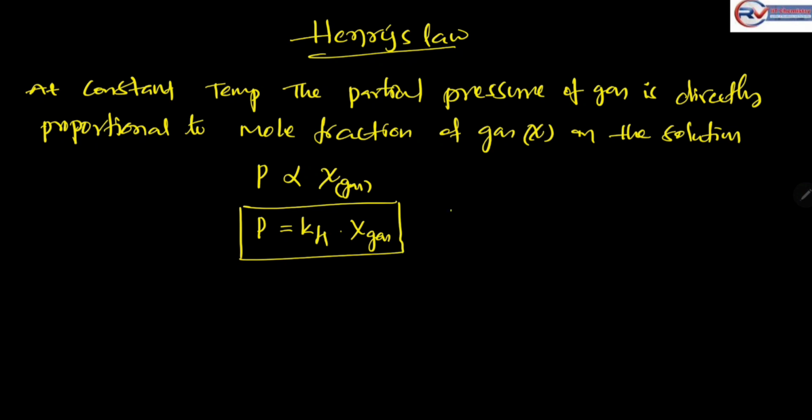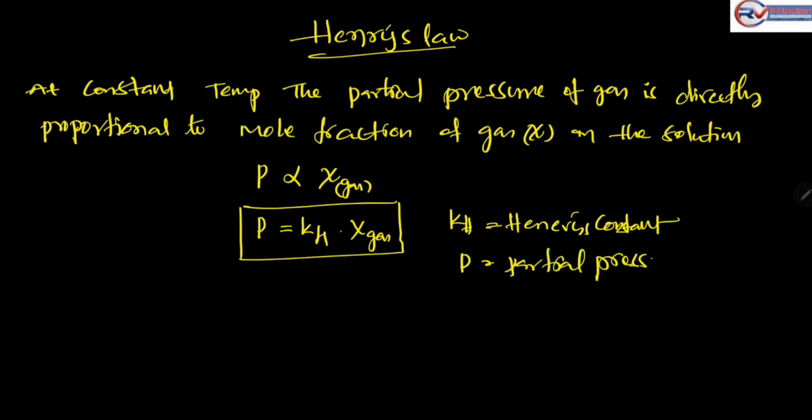Here KH is Henry's constant, P is the partial pressure of the gas, and chi is the mole fraction of gas.